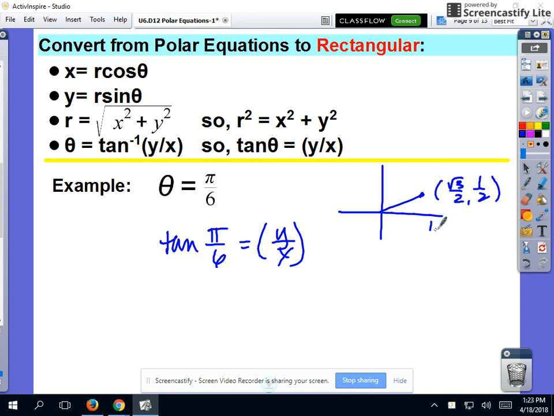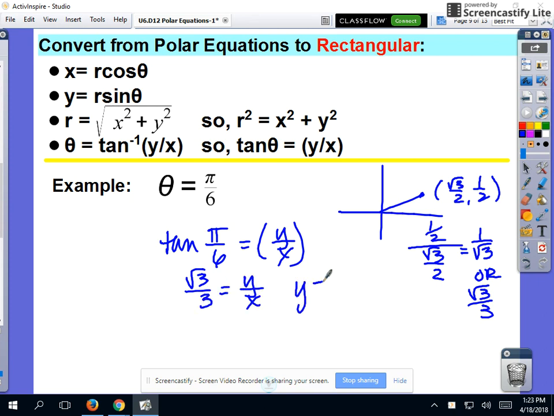So if I did tangent, that'd be 1/2 over root 3 over 2, y over x. So that is 1 over root 3 or root 3 over 3. So we can write that as root 3 over 3 equals y over x. And to solve for y, we would say y equals root 3 over 3 x.